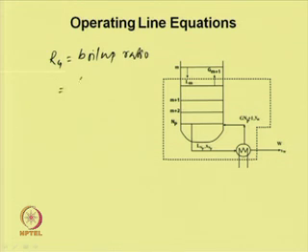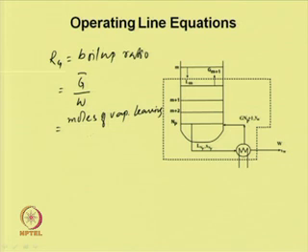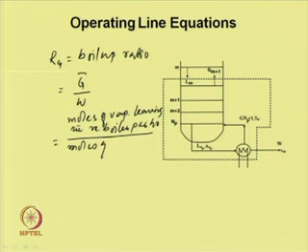We can write it as G bar by W, the moles of vapor leaving the reboiler per hour divided by moles of liquid drawn as bottom product per hour.